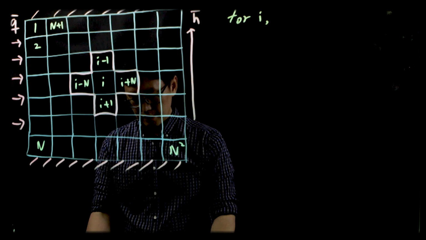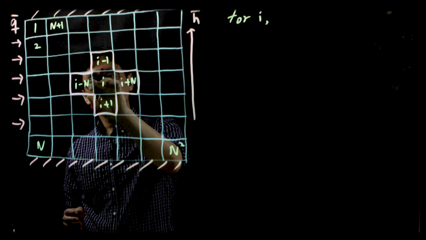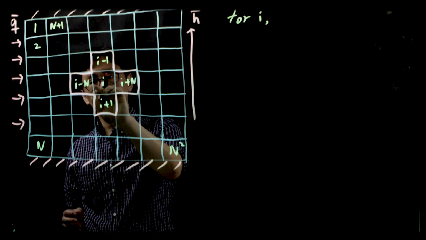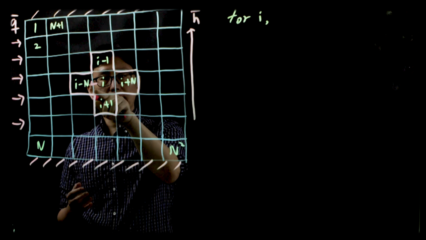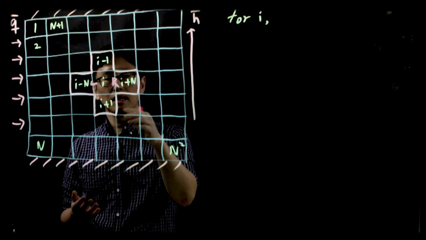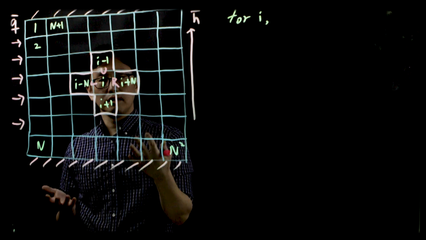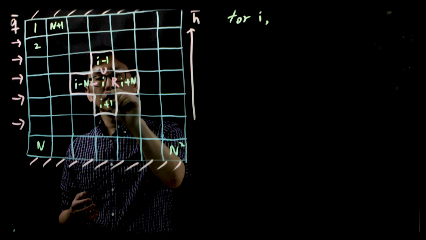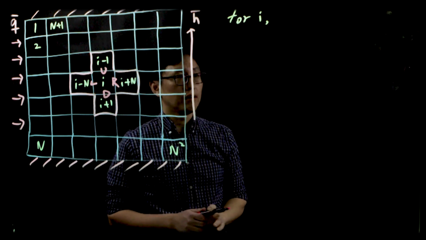First let's index the cell interfaces. This cell interface is L, standing for left, this cell interface is R, standing for right, this cell interface is U, standing for up, and this cell interface is D, standing for down.